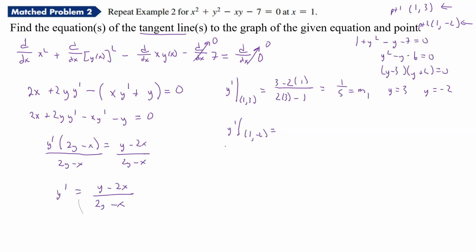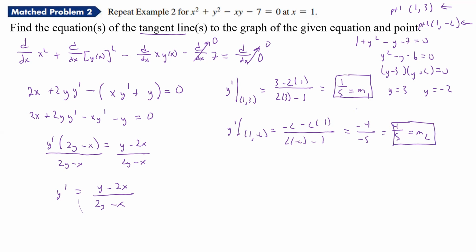All right, so we have y, which is -2, minus 2 times 1, all over 2 times y, which is -2, minus x, which is 1. So now we have -2, so that's going to give us -4. -4 minus 1 is going to be -5. That is a negative divided by negative, so it's positive. And so we'll call that one M2. Okay, so now we've got M1 and we've got M2.